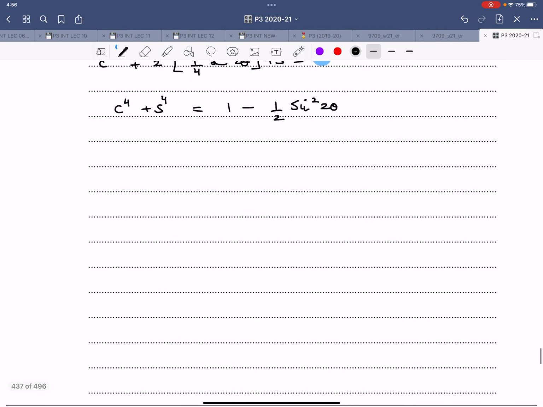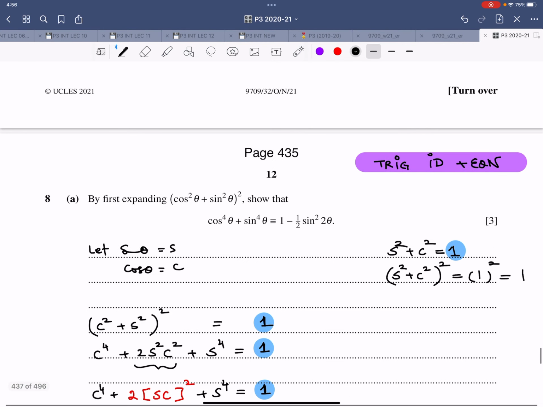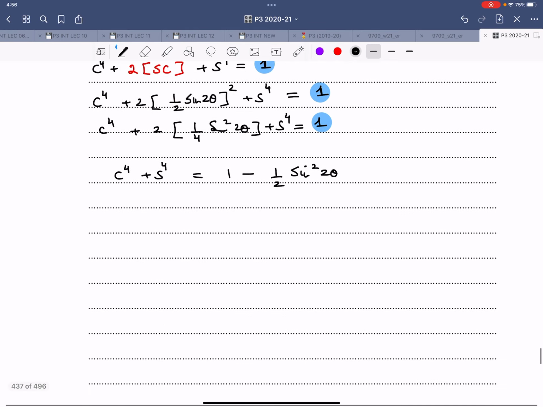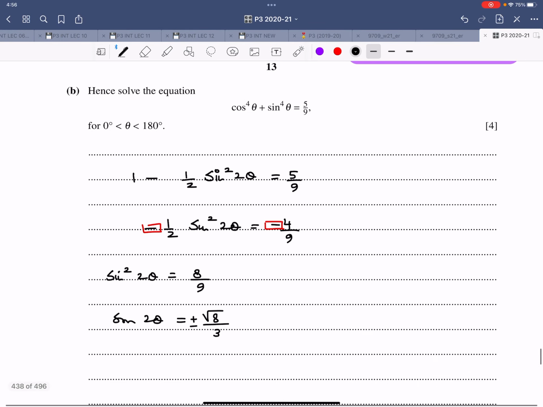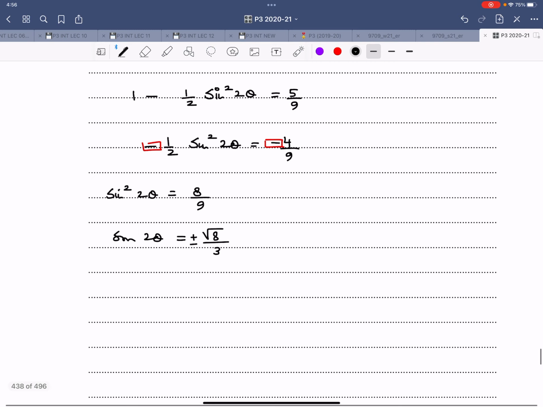This is 1 minus half sine square 2 theta. So 1 is taken to the other side. So therefore this is 5 over 9 minus 1. That is 4 over 9 with a negative sign. The minus minus cancel out. Sine square 2 theta is equal to 8 over 9. And this comes out to be root 8 over 3.